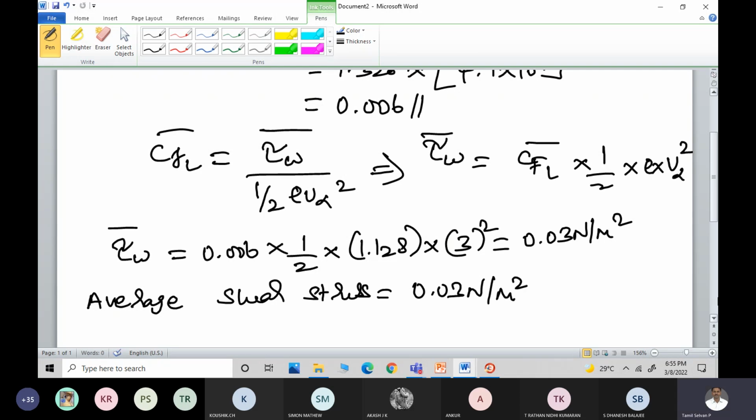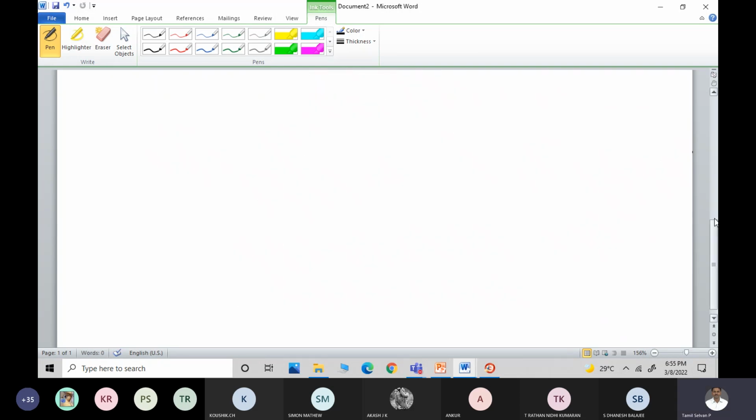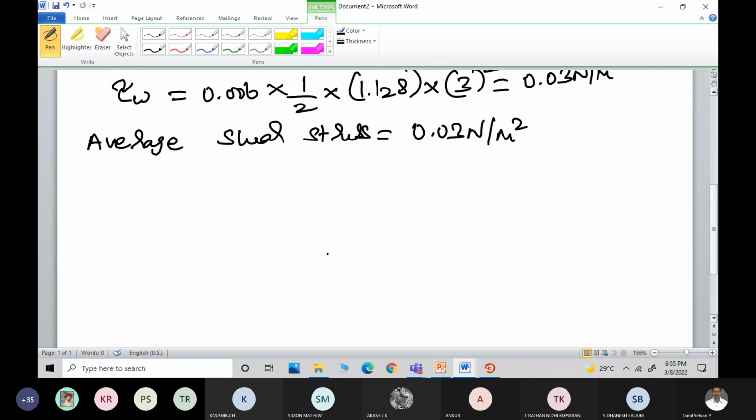Now the next one, what is asked? Heat transfer. To find the heat transfer, we have to find the average h bar. We know that average Nusselt number is equal to h bar L by k.